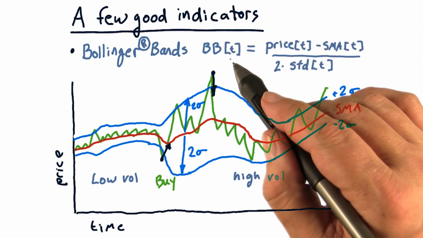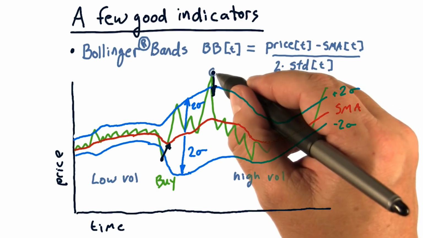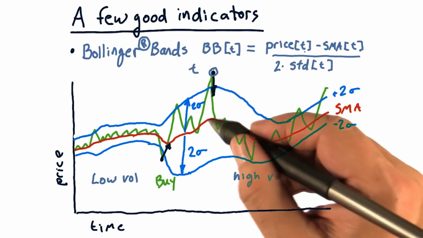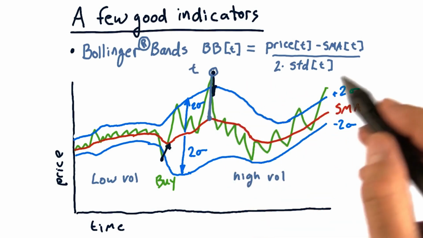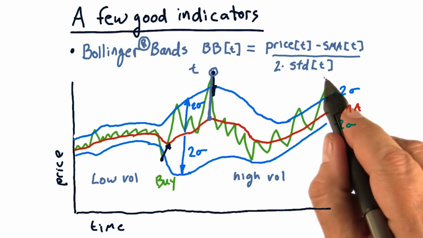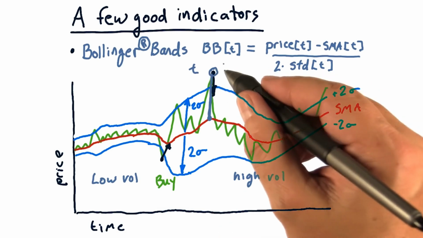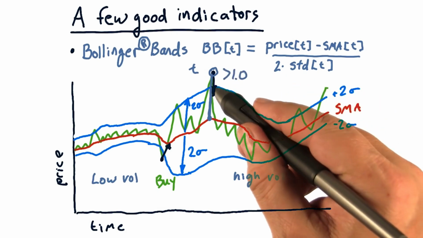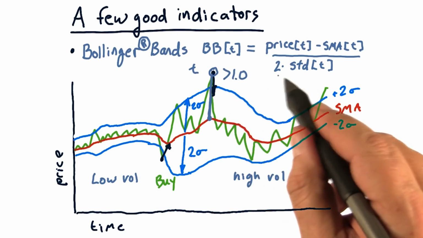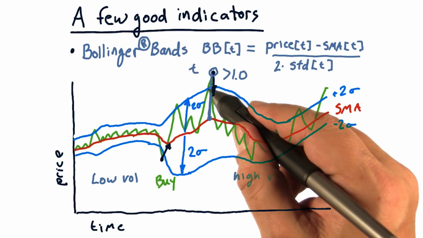Here's how to calculate the Bollinger Band on a particular day T. So here's the price on that particular day T. We subtract the value of the simple moving average, so we're comparing these two values, and then divide by 2 times the standard deviation. So the value up here is going to be something greater than 1.0, because if it's exactly at this band, it's exactly 2 standard deviations away, so it would be a value of 1 right at the band.